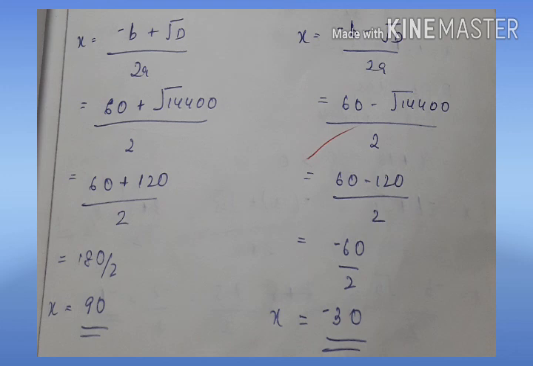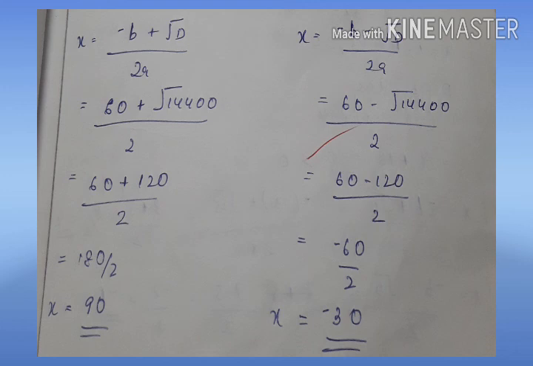What is the root of 14,400? 144's root is 12, and 2 zeros are there, so its square root will have only 1 zero. So 120 is the square root of 14,400. So here we get 60 plus 120 by 2. 60 plus 120 is 180, 180 by 2 is 90. So here we get one of the values as 90.